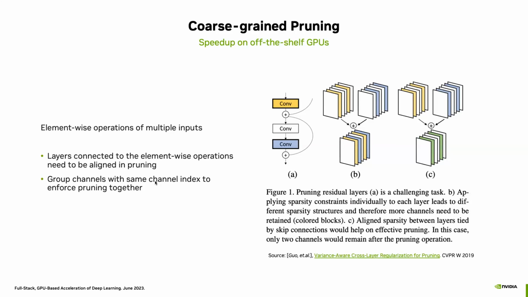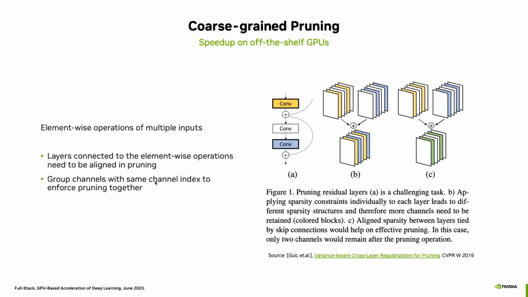make a note here that when we do the coarse pruning, we need to carefully deal with the element-wise operations, because this kind of operation typically takes the input from different layers. When we perform the pruning on this kind of structure, we may want to make sure that the layers connected to the operation are aligned in pruning.